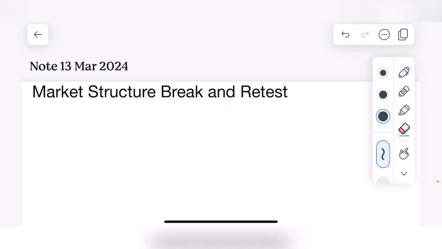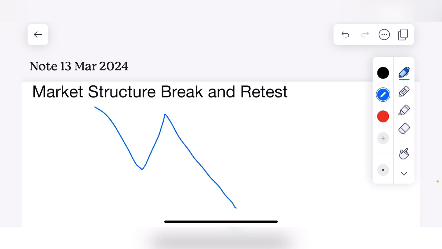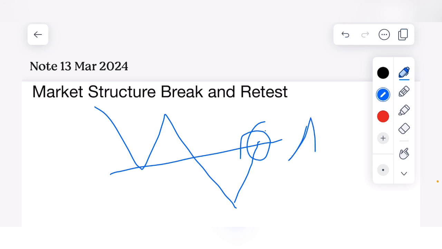And then the opposite for the bearish market: when the price breaks the lowest point of the market and then comes back to retest that area or that point, you look for a double top pattern before you take an entry or you take your trade.